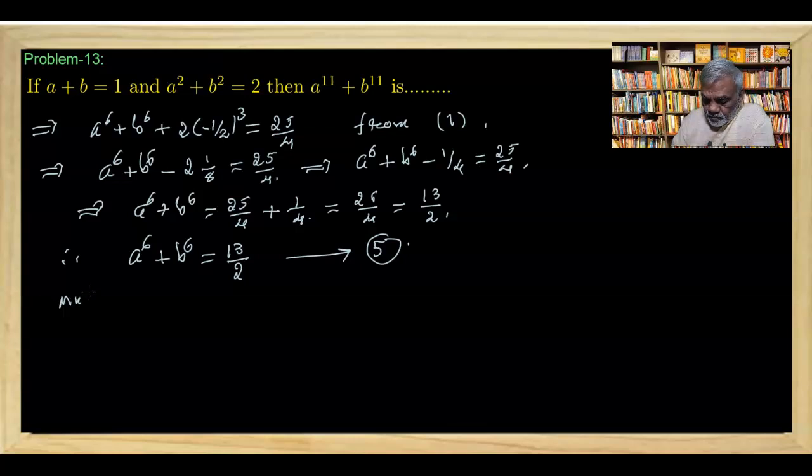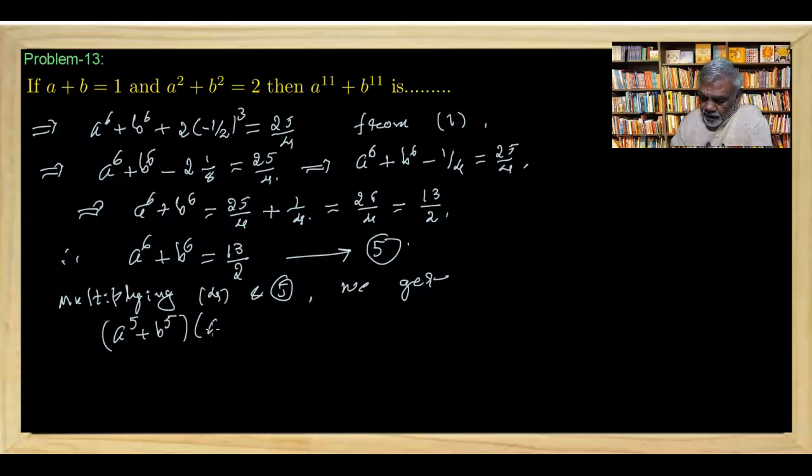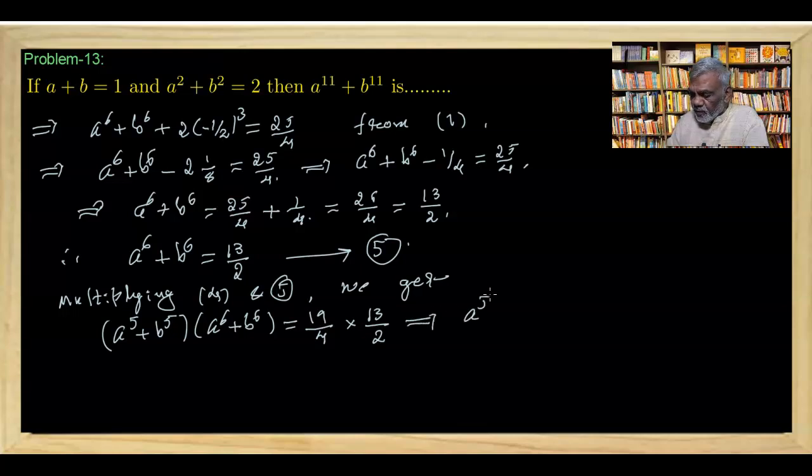Multiplying 4 and 5, we get a raised to 5 plus b raised to 5 into a raised to 6 plus b raised to 6 is equal to 19 by 4 into 13 by 2, and this implies a raised to 5 plus b raised to 5 into a raised to 6 plus b raised to 6 is equal to, that is 19 into 13, and that is going to be 247.